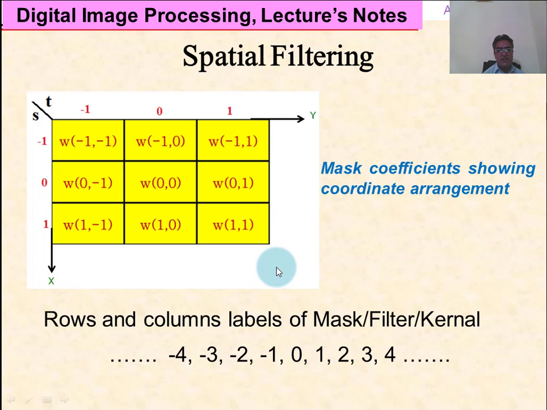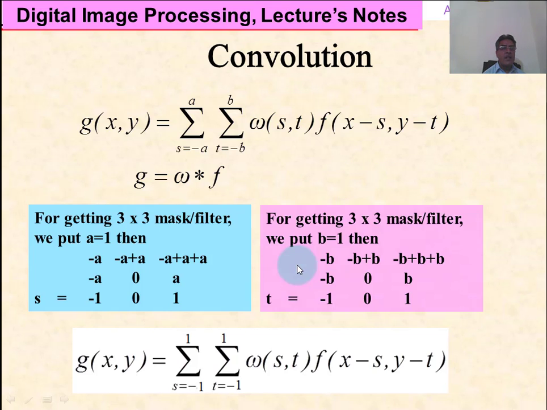How does it work? Convolution. G of x comma y is equal to sigma s is equal to -a to a, sigma t is equal to -b to b, w of s comma t.